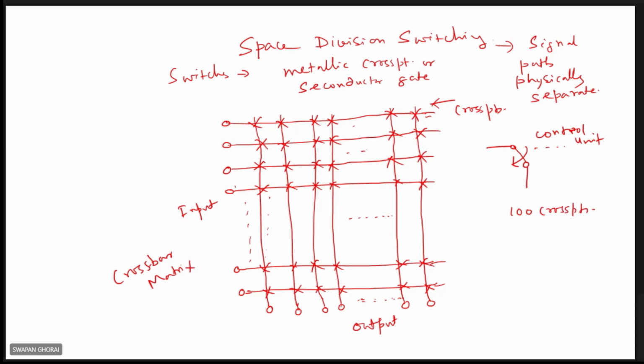Because of this, the cross point requirement is quite large in this case. That is the drawback of this particular switch configuration. So you can list the limitations of this crossbar matrix.